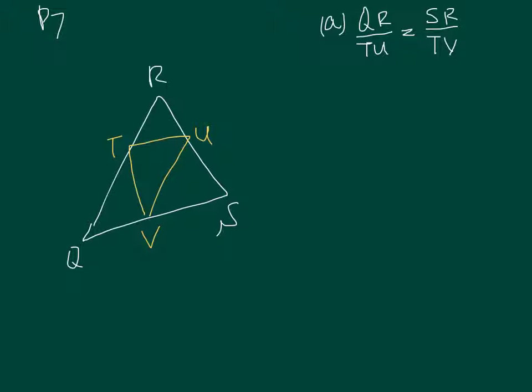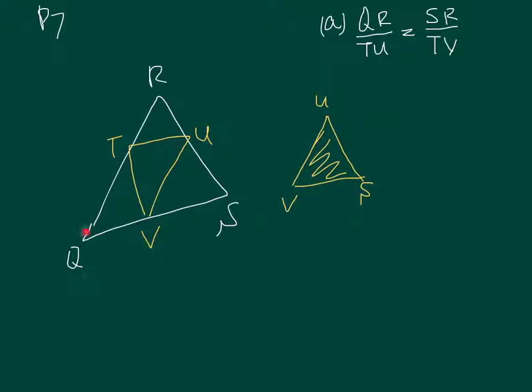So let's take triangle VUT and change the orientation so that it's easier to see. V corresponds to Q, U corresponds to R, and T corresponds to S. So it should be like this.